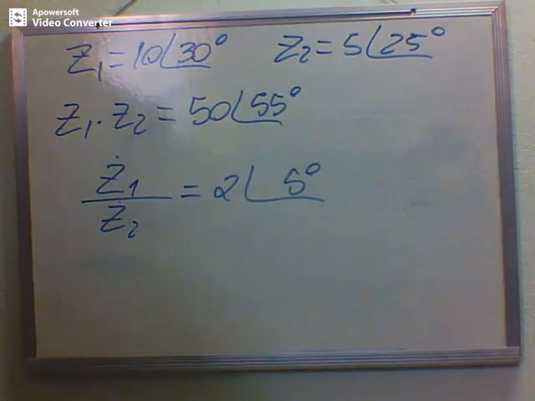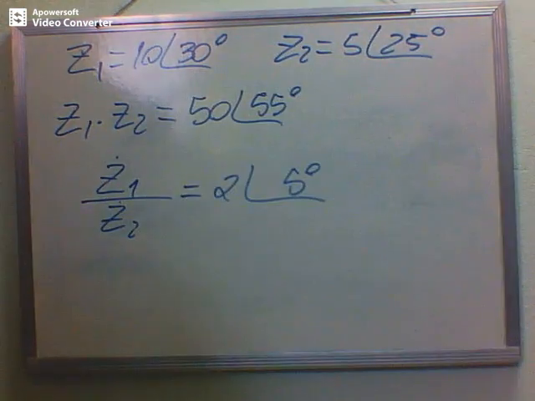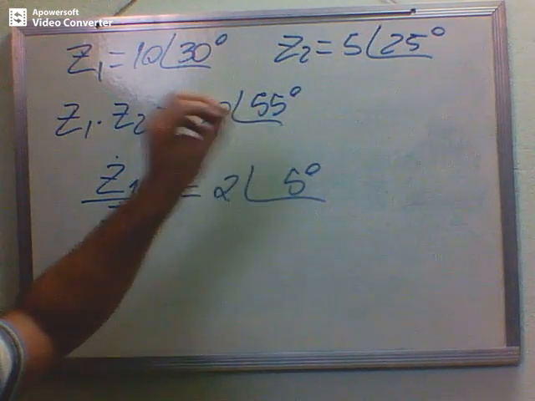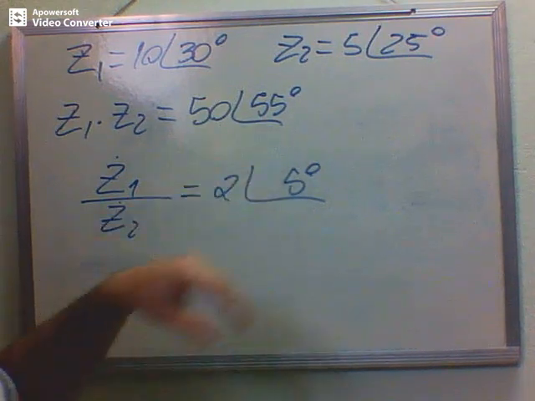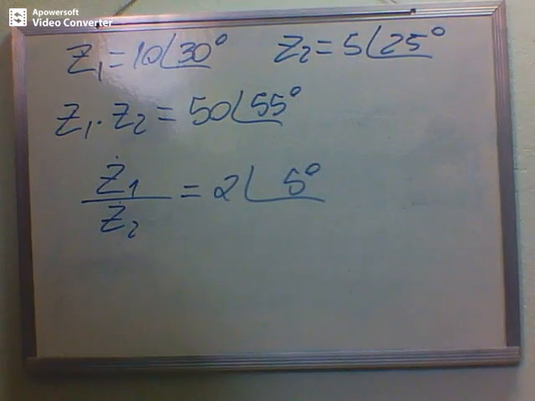And the opposite is also true. If you are given the polar form of the complex number and you want to do addition and subtraction, instead of using the polar form, what you need to do is to convert it to the Cartesian form before operating the addition and subtraction.